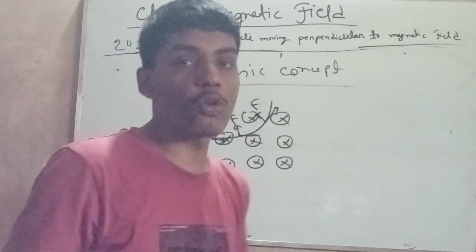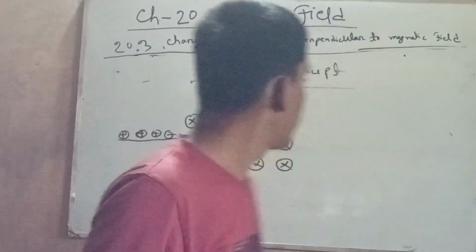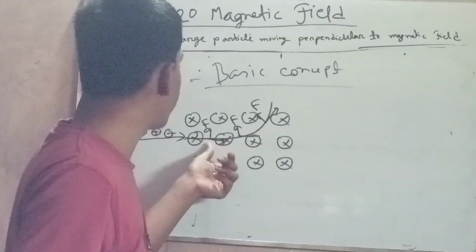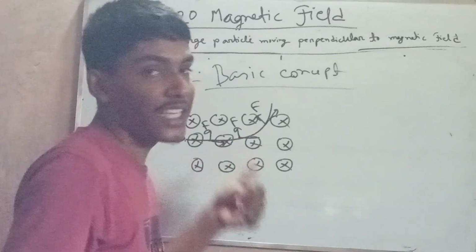Fleming's left hand rule confirms that the force is always at 90 degrees to the direction of the charged particles.